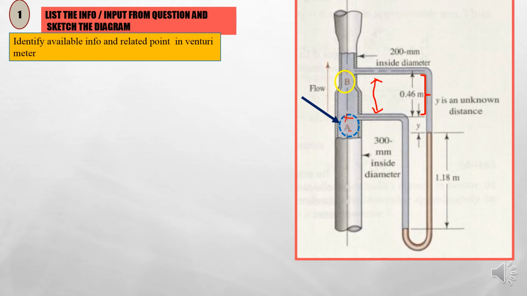However, the distance between this level and the liquid used in the manometer is not available, which means that the Y here is not available. We only have the distance between B and A. We don't have the information between the level at A here and the liquid for the manometer, labelled as Y.